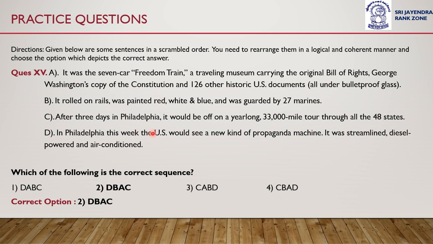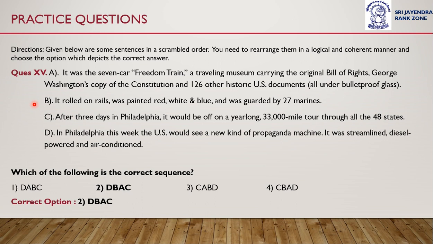In Philadelphia this week, the US would see a new kind of propaganda machine. It was streamlined, diesel powered, and air conditioned. It rolled on rails, was painted red, white, and blue, and was guarded by 27 Marines.